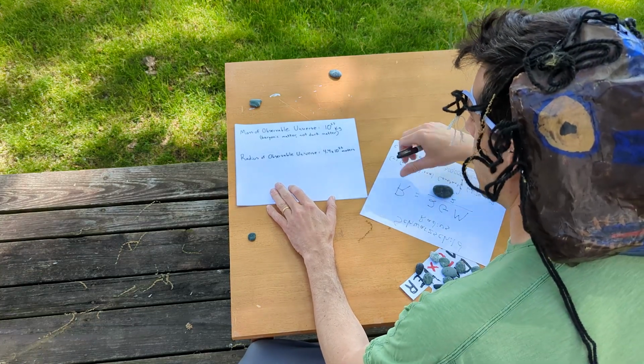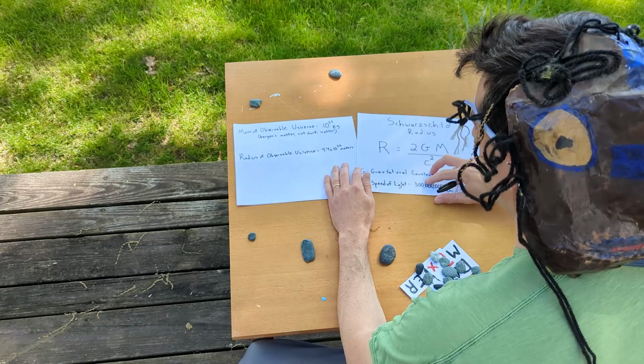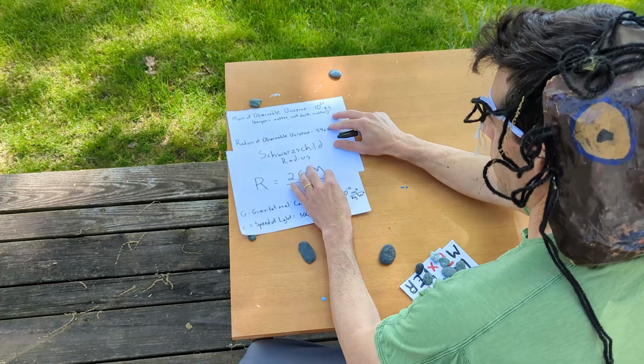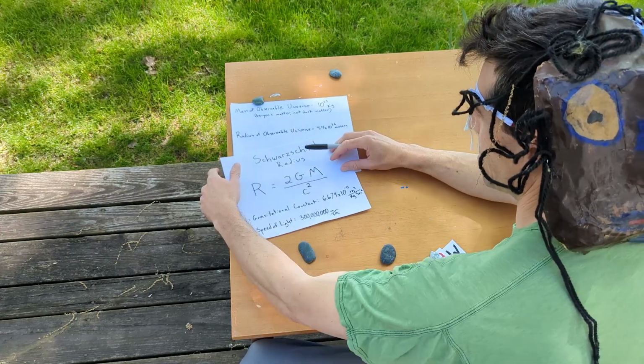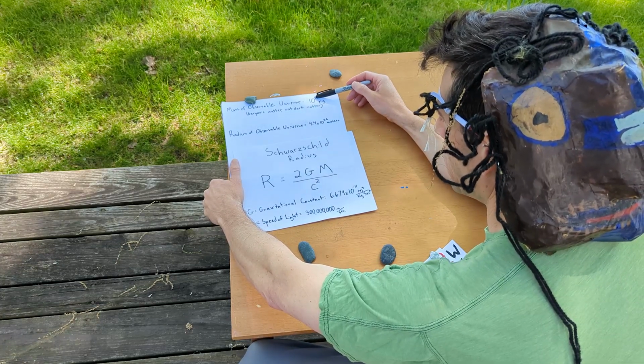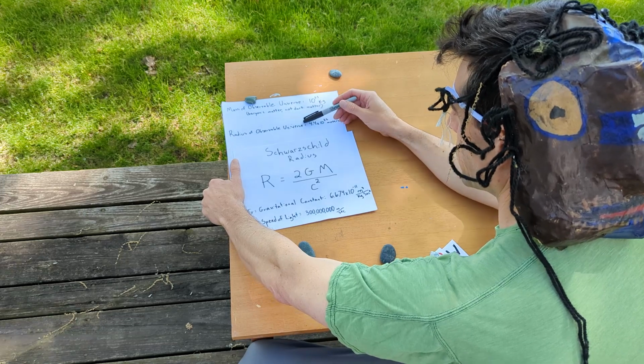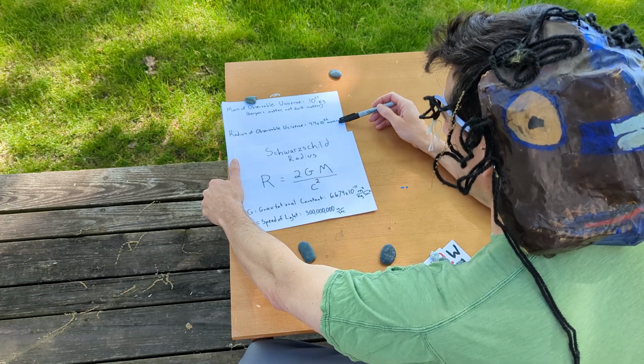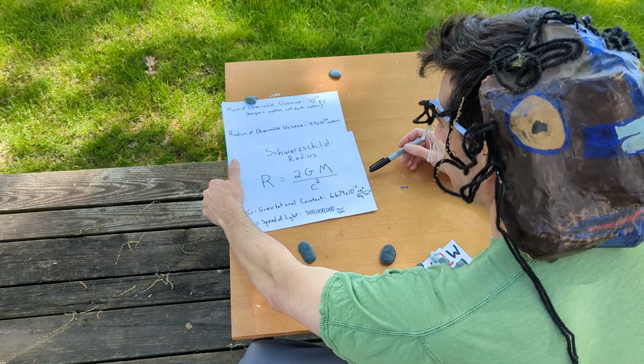Okay, so these are quantities I got off the internet. Mass of the observable universe, radius of the observable universe, in kilograms and meters, very large numbers.